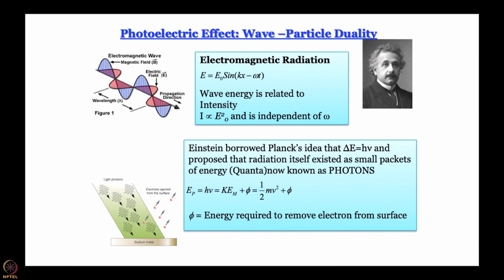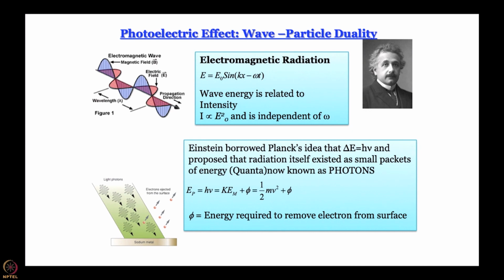But then throughout the 19th century, Huygens and other scientists had performed a large number of experiments which showed the wave nature of light: diffraction, which is a sure shot proof of wave nature, and interference. All of us have studied physical optics, which is all about the wave nature of light.